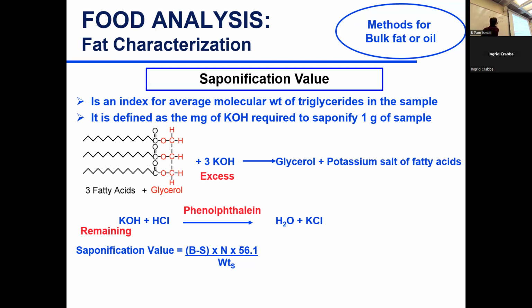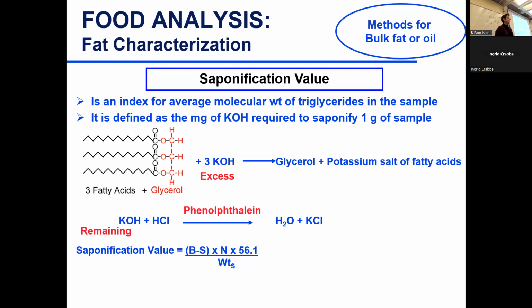It's 56.1, the molecular weight of KOH. So your final value will be in grams unless we multiply by 1,000 to give milligrams. If I multiply by 1,000 and divide by 1,000, they cancel each other.